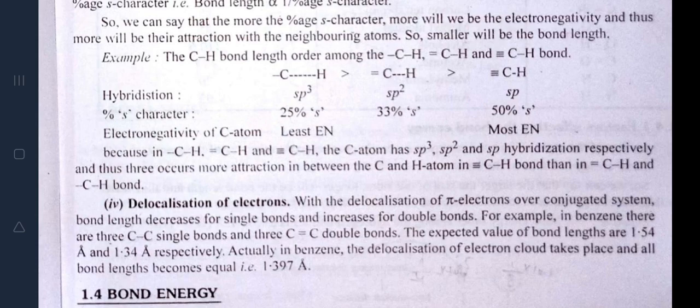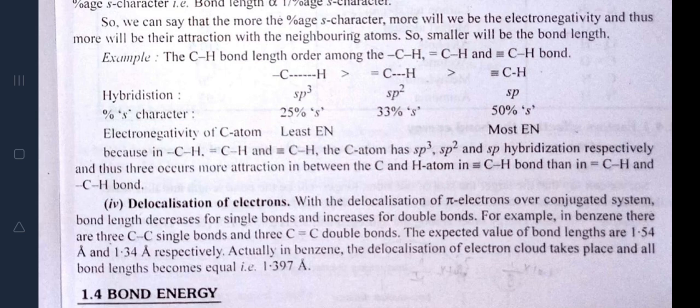The electronegativity of the carbon atom is less in sp3, because in these bonds the carbon atom has sp3, sp2 and sp hybridization respectively, and thus there is more attraction between the carbon and the hydrogen atom in the carbon-carbon triple bond, then in the carbon-carbon double bond, and then in the single carbon-carbon bond.